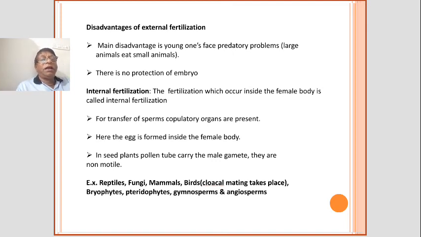Okay. Next, internal fertilization. The fertilization is classified into two types, external and internal fertilization. Whenever the fertilization takes place inside the female body, then we call it internal fertilization.